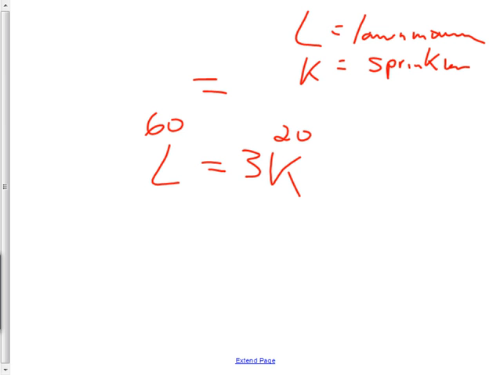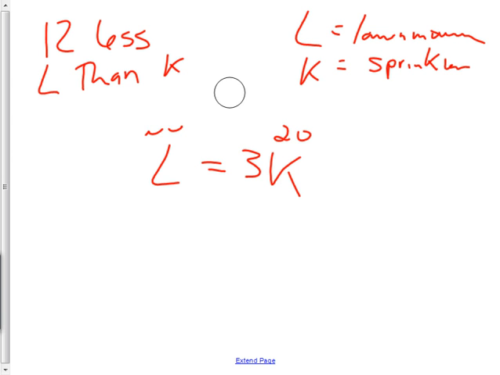I want to have 12 less lawnmowers than sprinklers. 12 less.